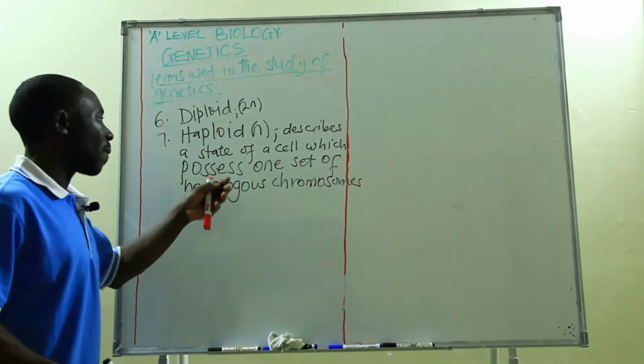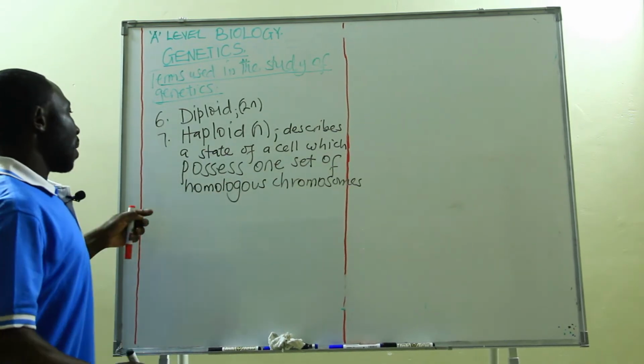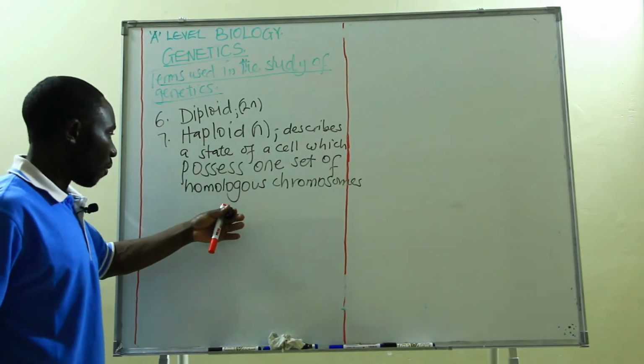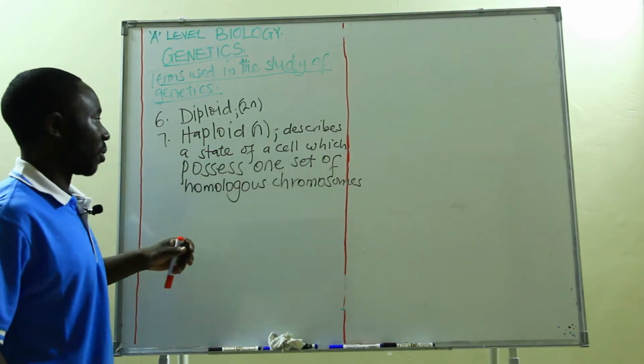That is what we call haploid. A state of a cell which possesses one set of homologous chromosomes.